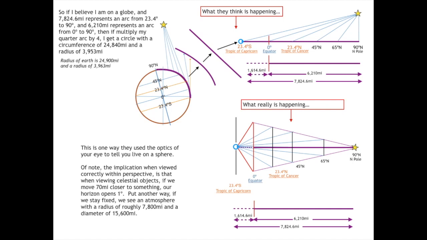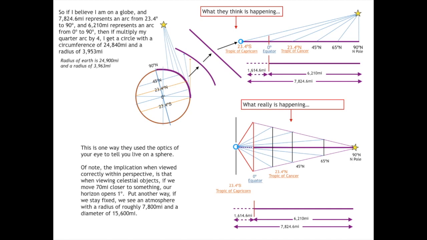So if I believe I'm on a globe and 7,824.6 miles represents an arc length from 23.4 degrees to 90 degrees, and 6,210 represents an arc from 0 to 90, then if I multiply my quarter arc of 0 to 90 by 4, I get a circle with a circumference of 24,840 miles and a radius of 3,953 miles. Keep in mind the accepted circumference of Earth is 24,900 miles and the radius is 3,963 miles.